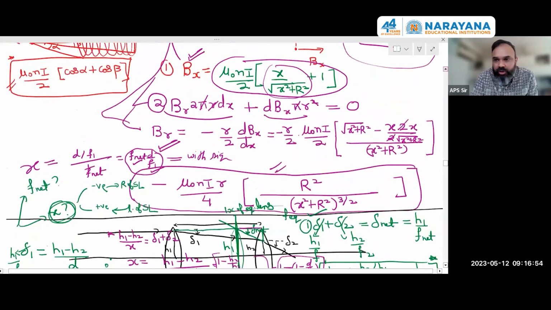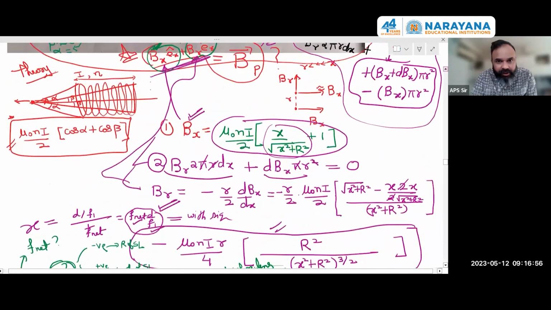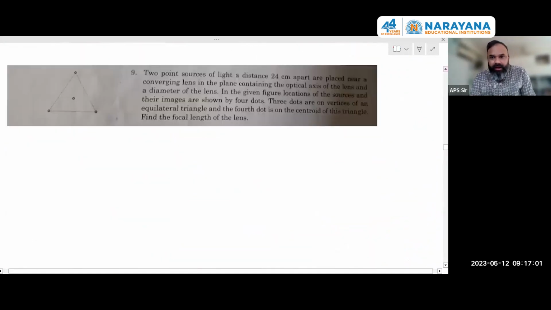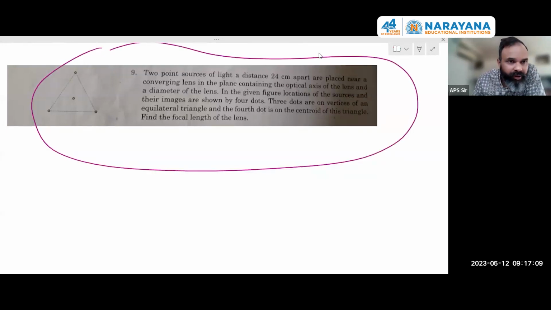Let's go to the next fundamental problem. Here in this problem, I want you to think about the possible combination. It is based on geometry, but a very nicely put problem. Question says that there are 2 point sources. Now observe the question.